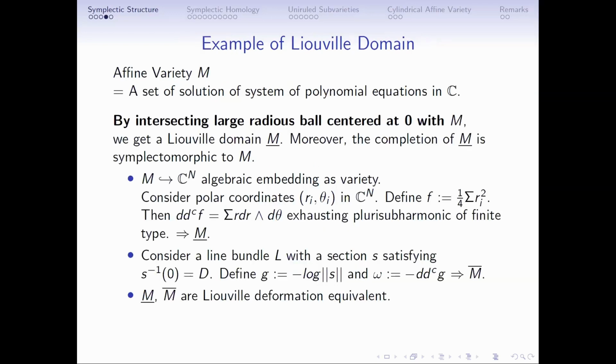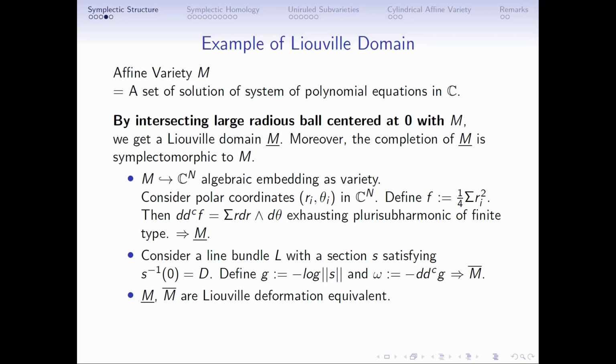One of my favorite examples is an affine variety, which is a set of solutions of polynomial equations. We can see an affine variety as a Liouville completion of a Liouville domain, in two ways, but they are actually equivalent. Consider an affine variety embedded in C to the n.